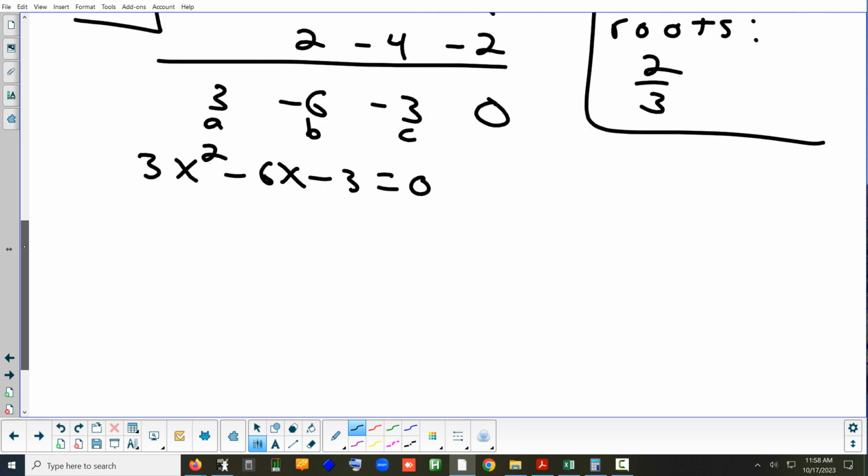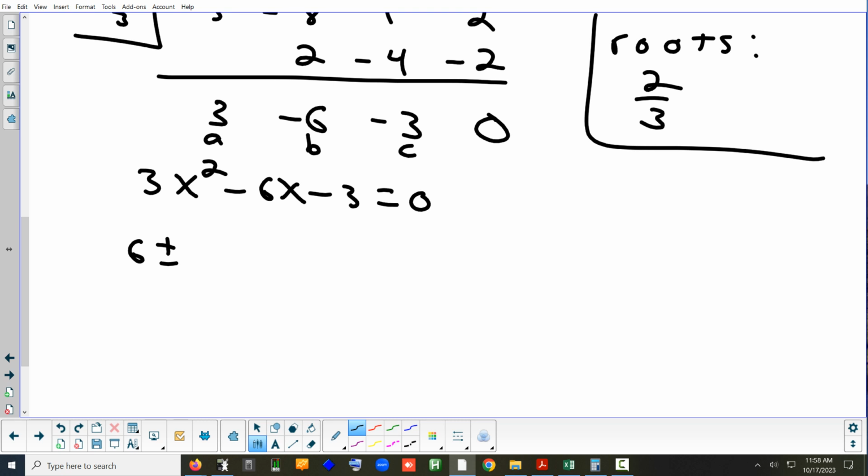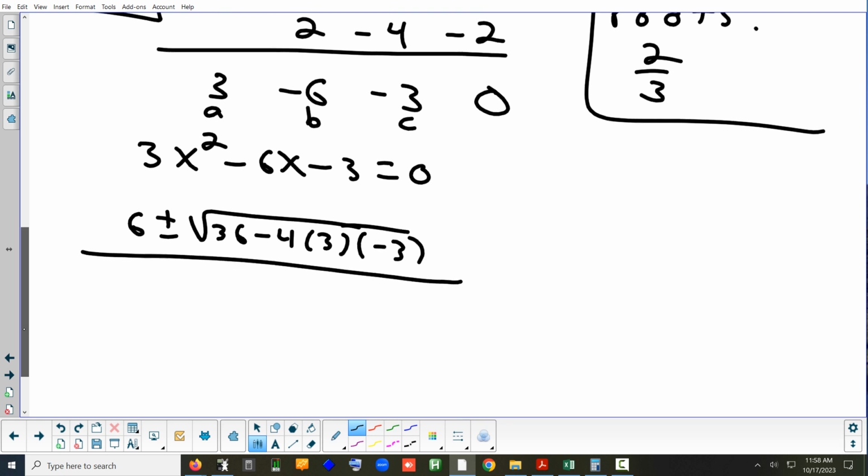So we've got -b plus or minus the square root of b squared minus 4ac, all divided by 2a.